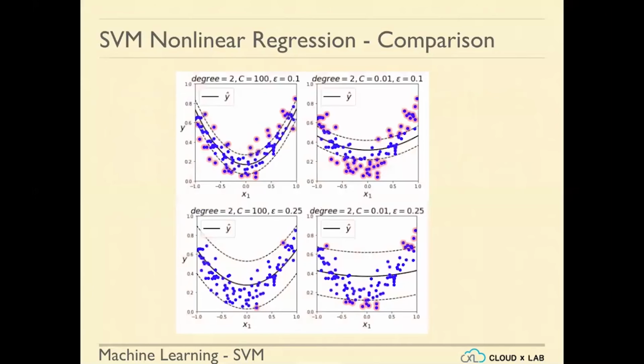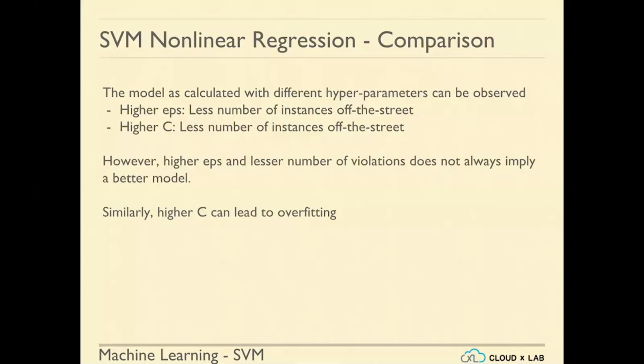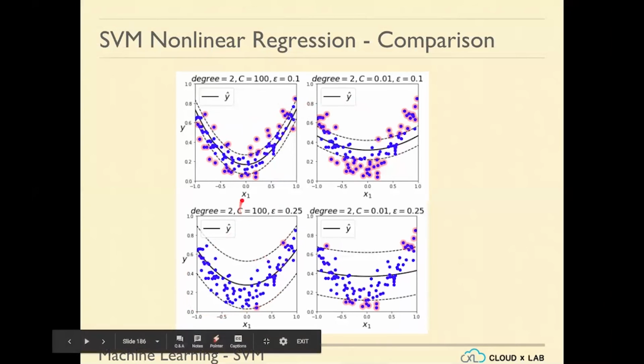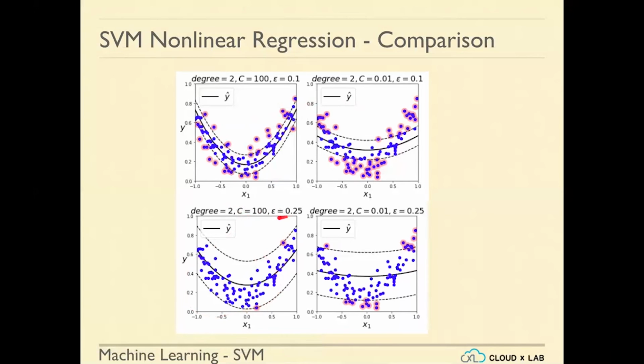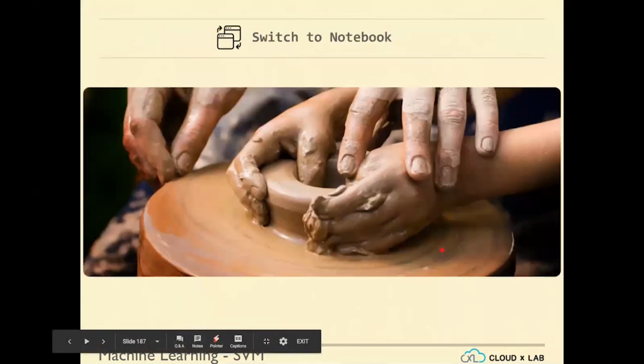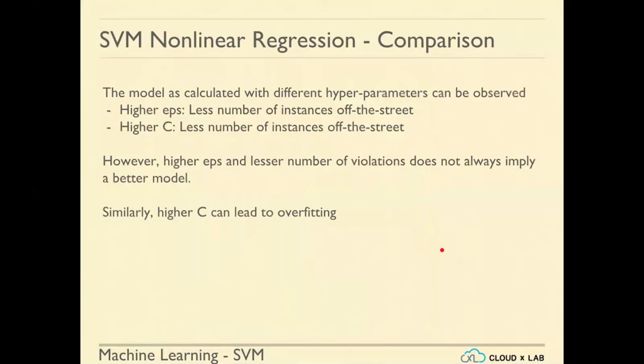No, it's not really true. Yes, so higher the C, as C is higher this side, there'll be fewer instances outside the street. So here, this is the one which has maximum C and maximum epsilon. There are fewer instances going beyond the street. All right. So this is basically the way we look at it.